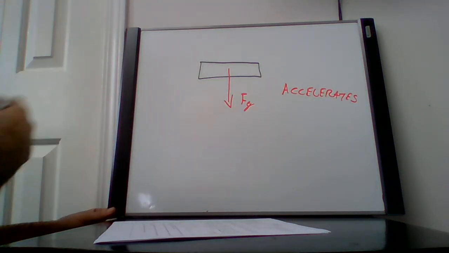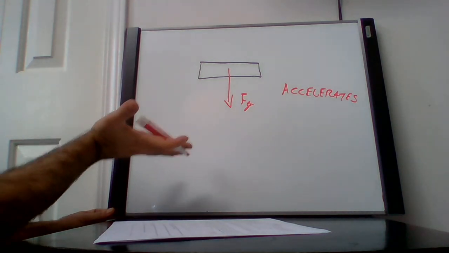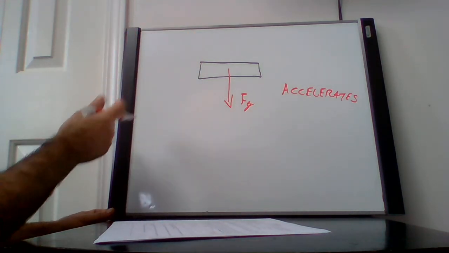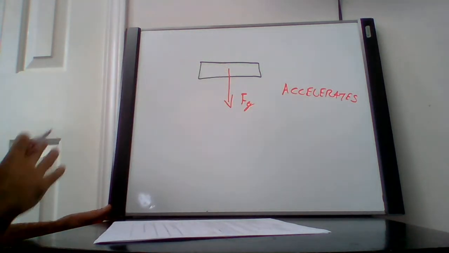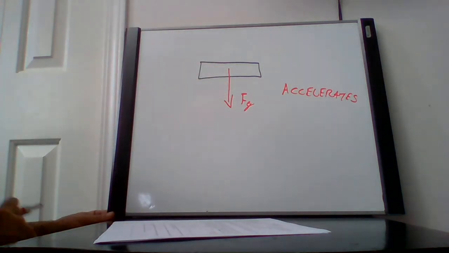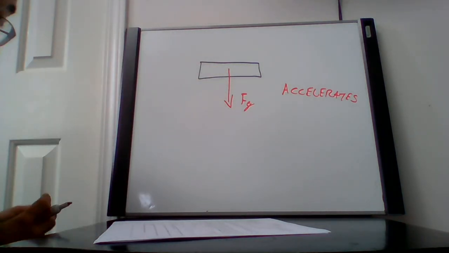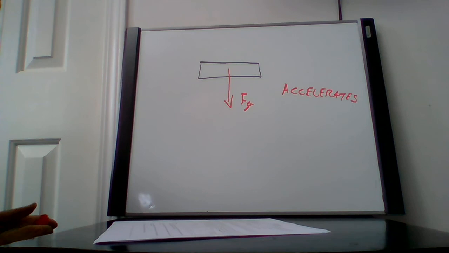Okay, so in the first situation we had the table holding the book up, it had that normal force, whereas in this situation we've removed anything to hold it, and it's just the force of gravity, and so it is accelerating. Okay, as you notice, there's a few other examples down there at the bottom. Hopefully this helps your understanding of the difference between mass and weight, the force of gravity, and Newton's first law.